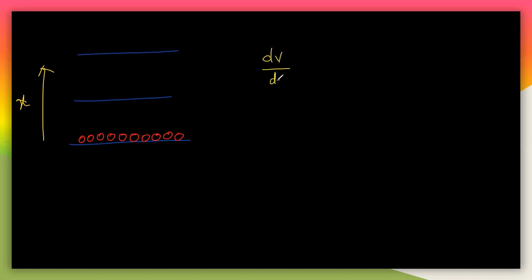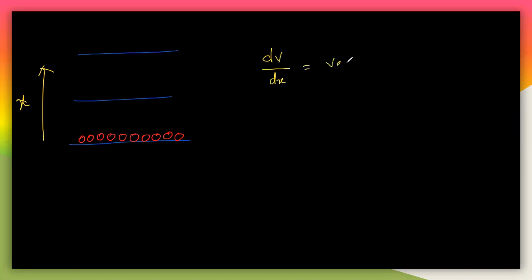So once again I will tell you, see here. This is the bottom molecules. See here, the red color ones are the bottom molecules. When you go up, that means the distance, I will write with x. So there is a change in the velocity with respect to x.